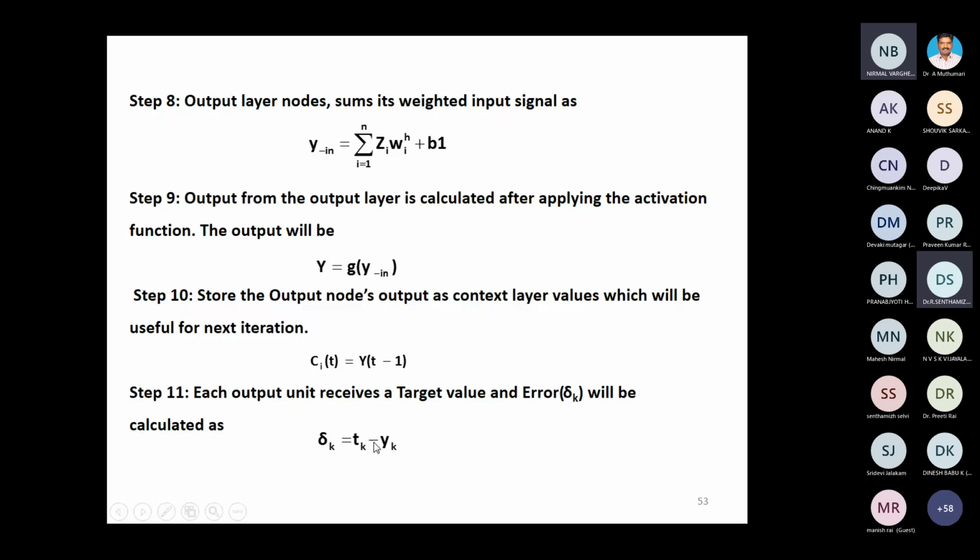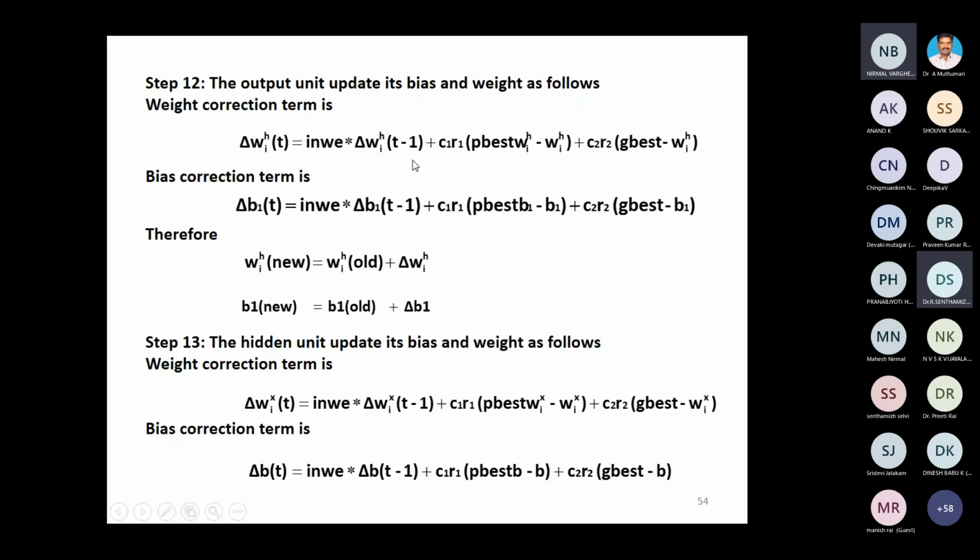Okay. Now step 12. The output unit updates its bias and weight as follows. The weight correction term: once you initialize the values, then the update can happen like this. Delta W of t is equal to the inertia weight times delta W of t minus 1, plus C1 R1 (Pbest minus W) plus C2 R2 (Gbest minus W).